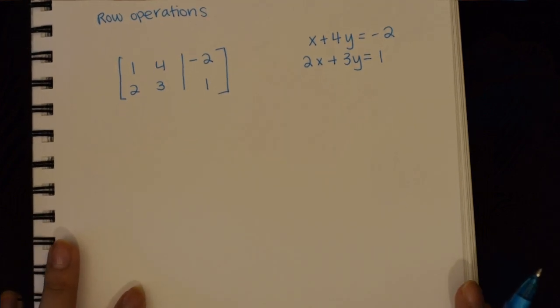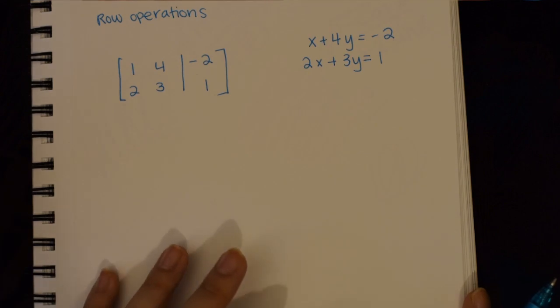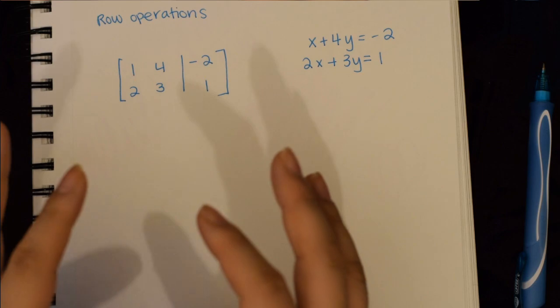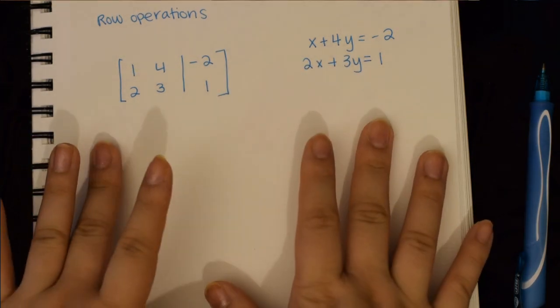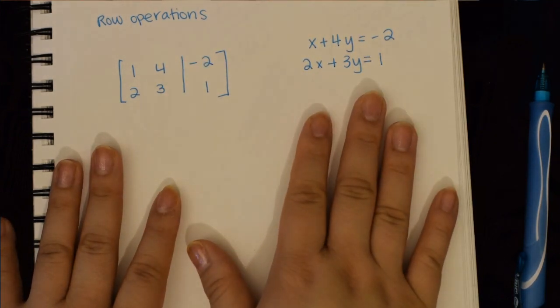So let's just start with something that doesn't work, for instance, okay? Because this might just emphasize what a valid row operation is in this context, okay? So we're only talking about this context of solving linear equations.